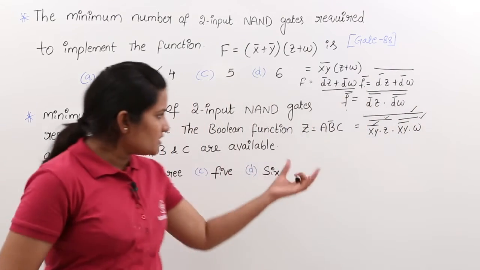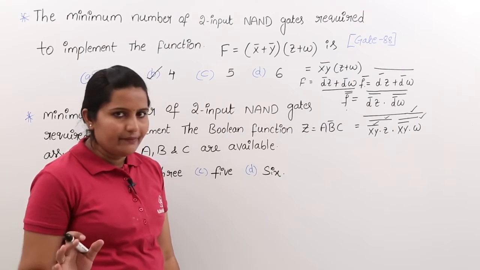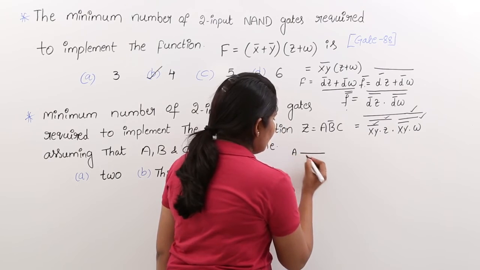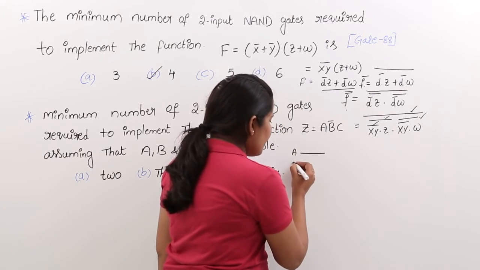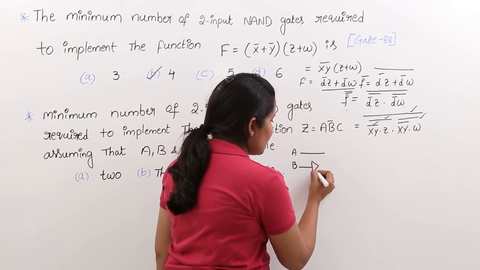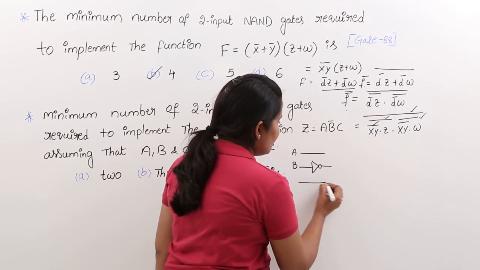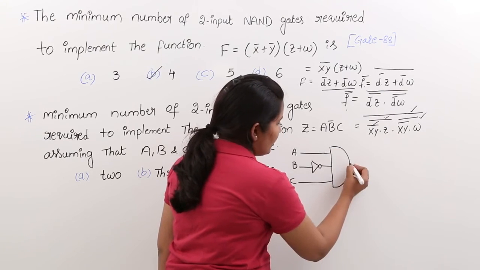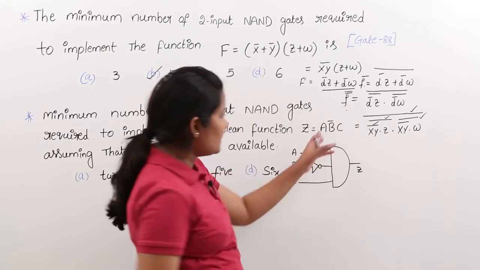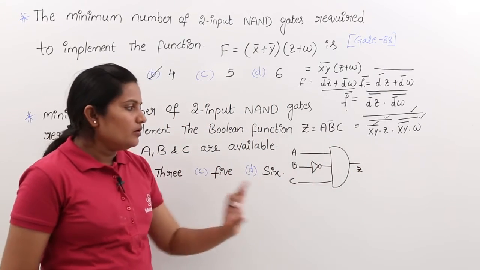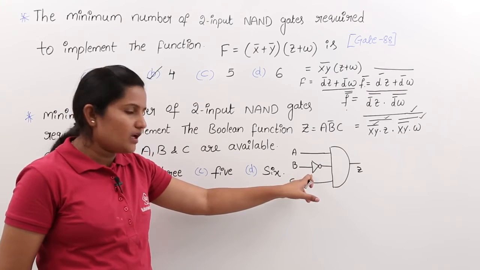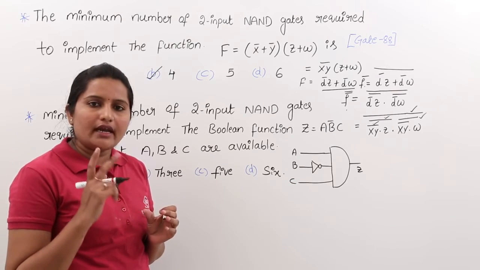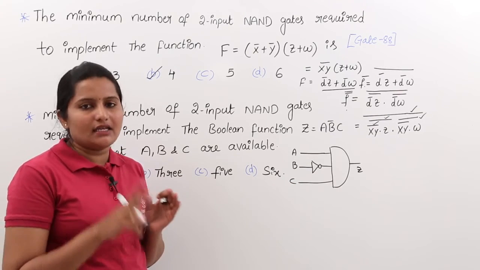By seeing the function itself, this is just an AND gate. So for example this is A, and B is available. To make B bar, I am just taking a NOT gate, and finally this is the AND gate. This is C and this is the output Z. So this is the function given. Now, if an inverter is not available, then we can use a 2 input NAND gate as an inverter.